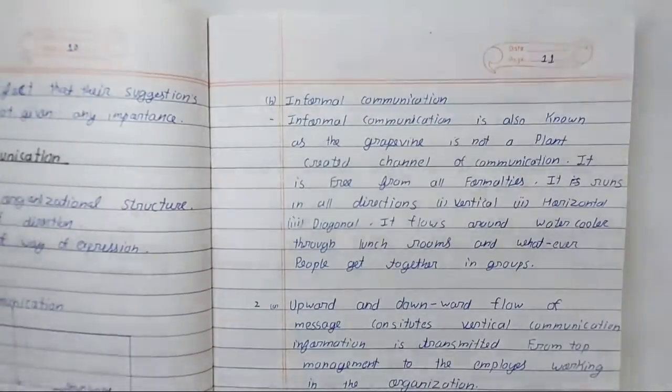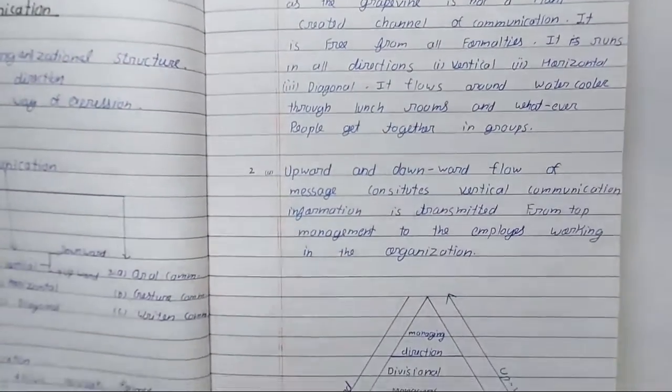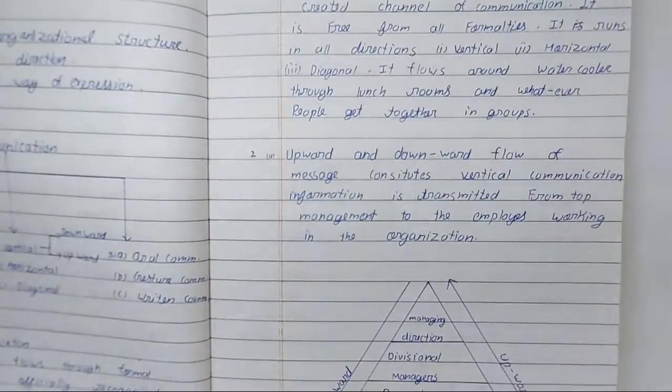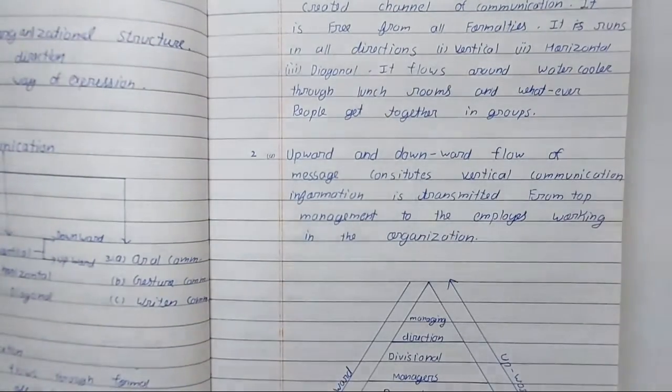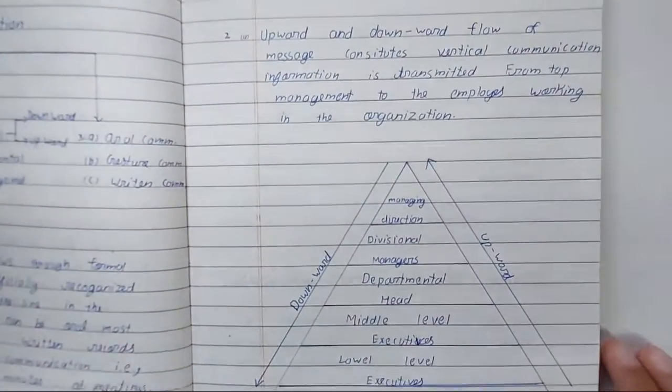Next, upward communication. Upward and downward flow of messages constitutes vertical communication. Information is transmitted from top management to the employees working in the organization. Now we understand this through this diagram.